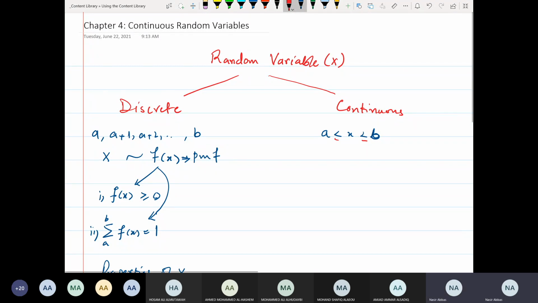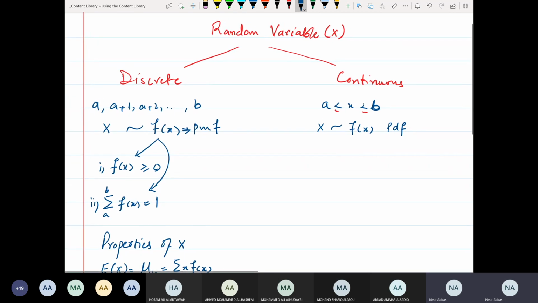Then you will define the probability density function. You will call this function a probability density function for a continuous random variable. And this probability density function will again satisfy two conditions.